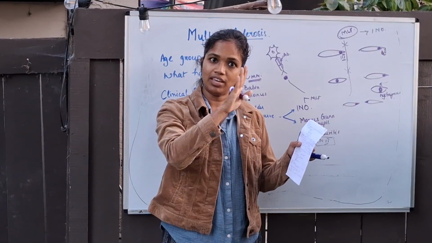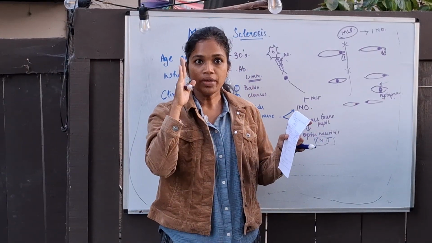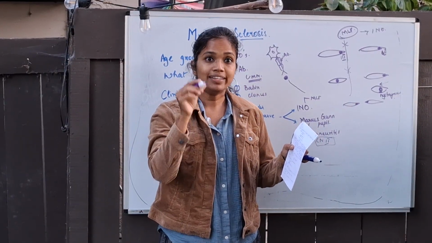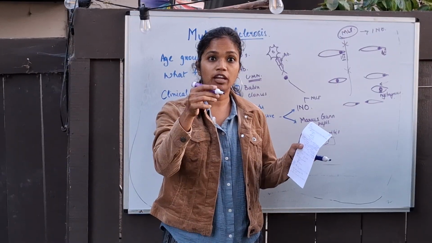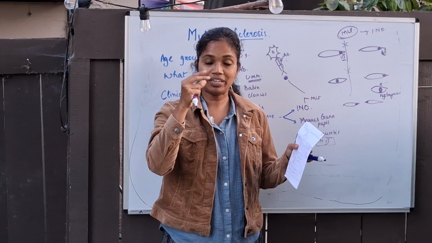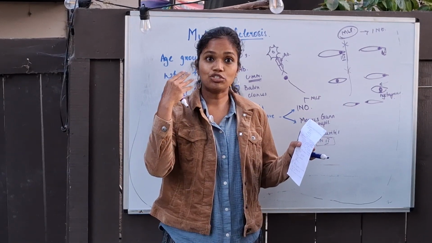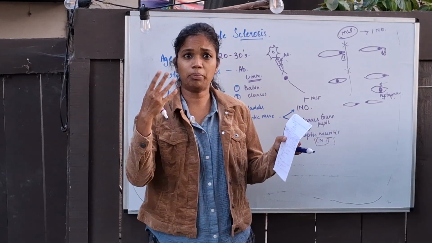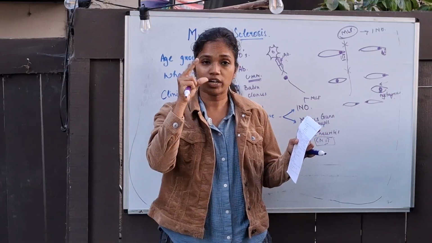Now again we are shifting the light to the affected side. Here the light intensity has to be sensed again by the second cranial nerve, but the second cranial nerve is damaged, so it is not able to instruct the brain or the third cranial nerve in turn to constrict the pupil.